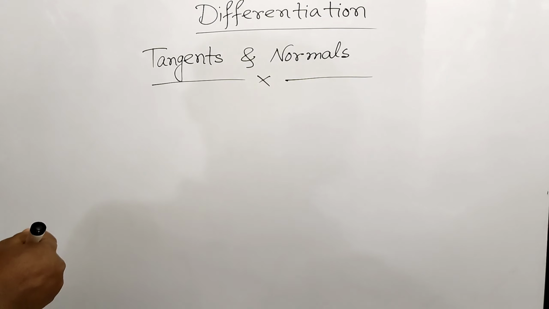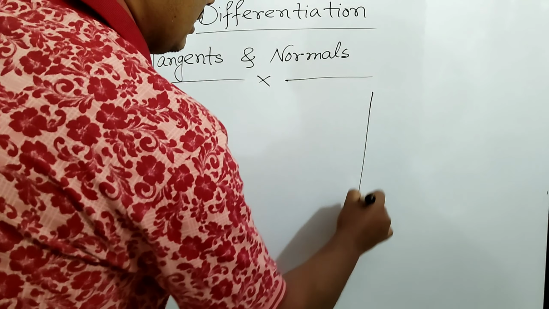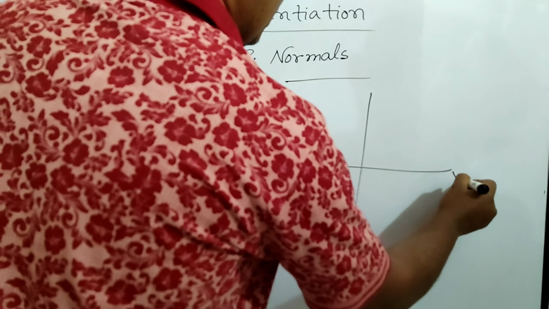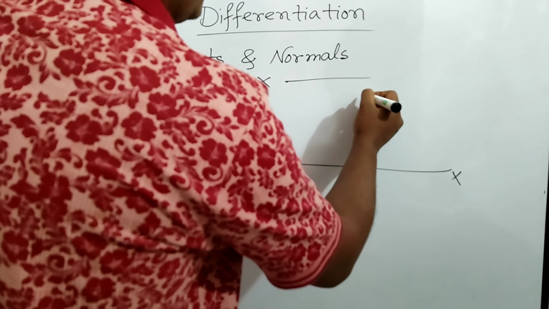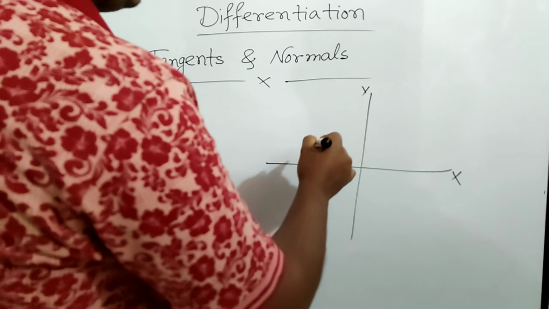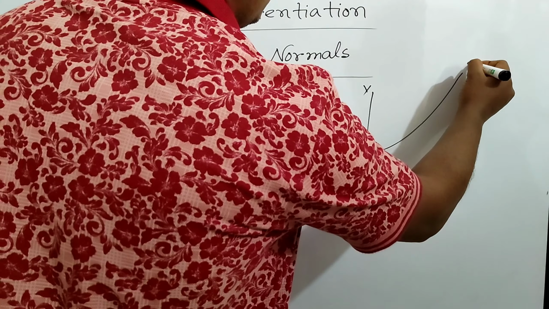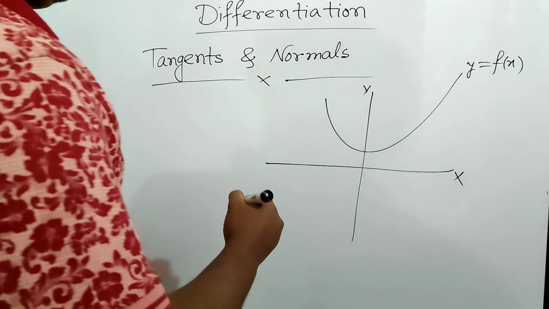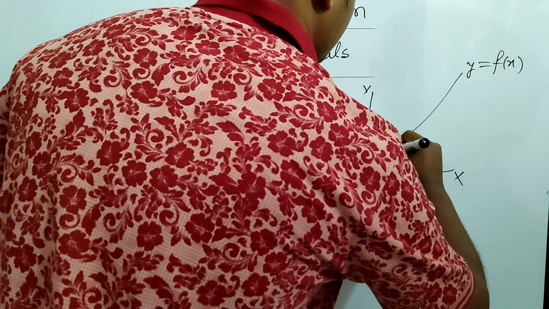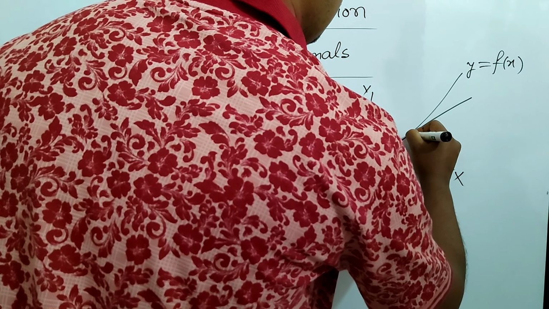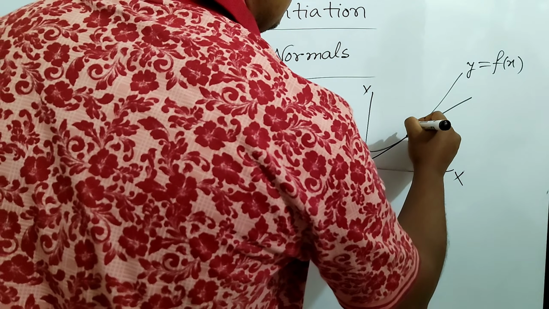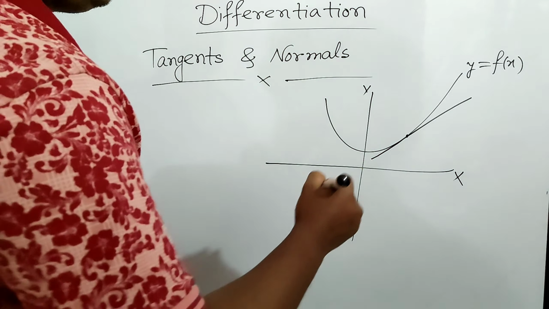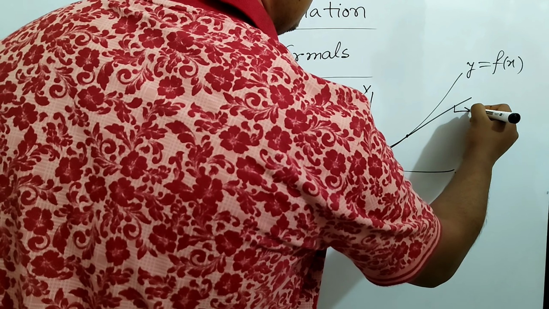Now if we consider a two-dimensional graph, that is the x-axis and y-axis. Suppose this is a function y equals f(x), and if we consider a tangent at point P, here this is the tangent.